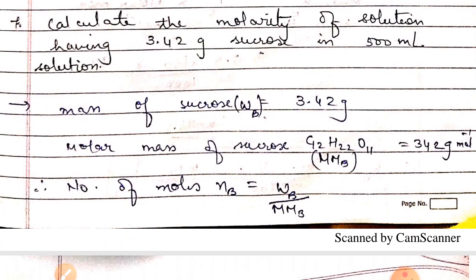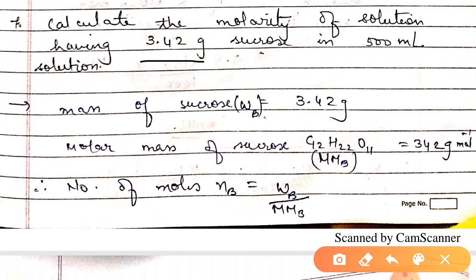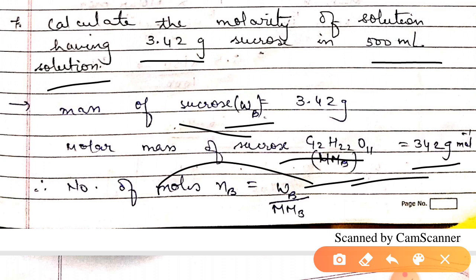Next, calculate the molarity of a solution having 3.42 gram sucrose in 500 ml. So here number of moles is not given, but you are given the mass. Sucrose is C12H22O11 and its molecular mass is 342. You know mass, you know molar mass, so number of moles is given mass upon molar mass.